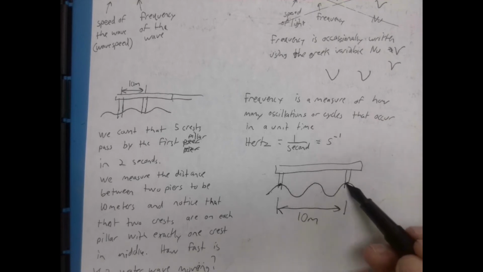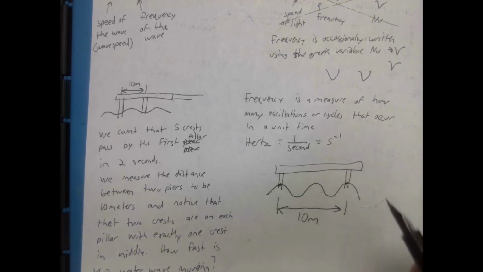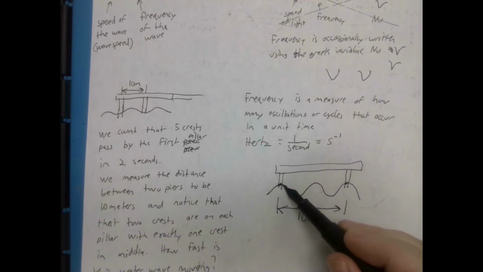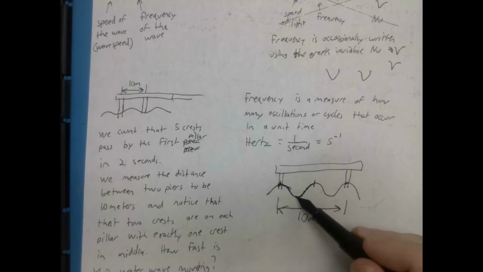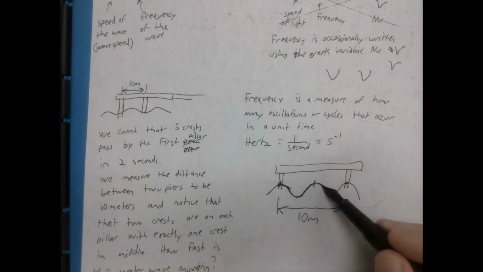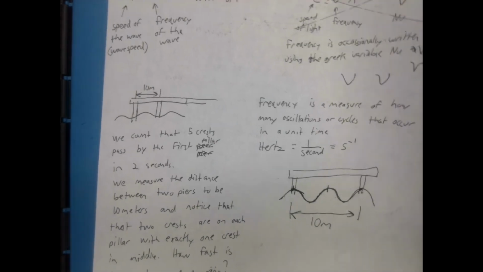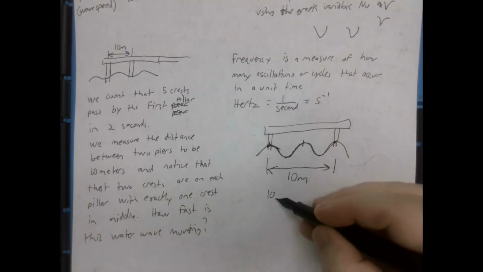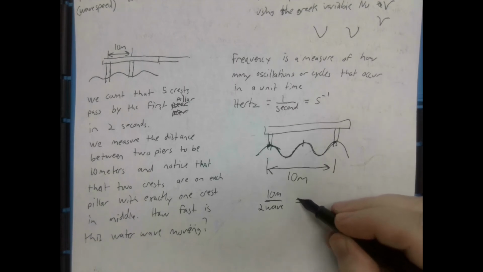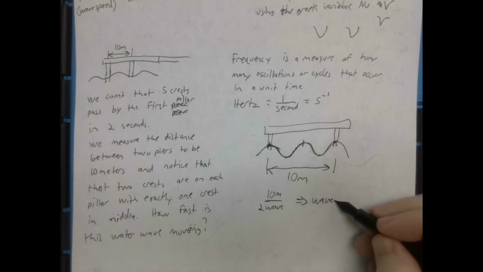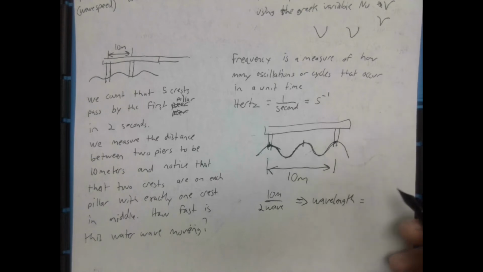Remember, when I say how many waves, it's how many wavelengths. So from here to here, going to the next identical point is one wave. Then from here to here. So that means that we have 10 meters per 2 waves. So this tells us that the wavelength is equal to 5 meters.